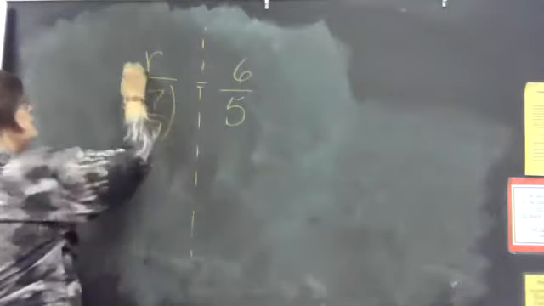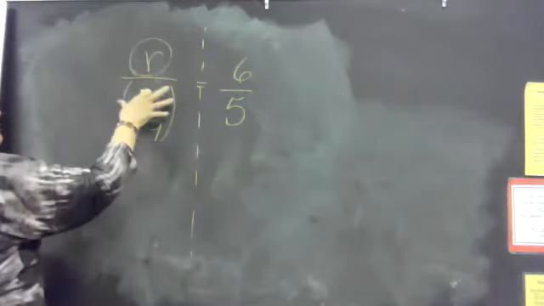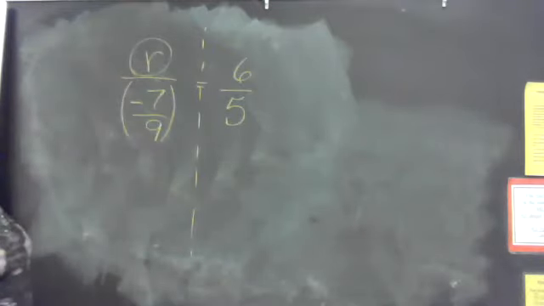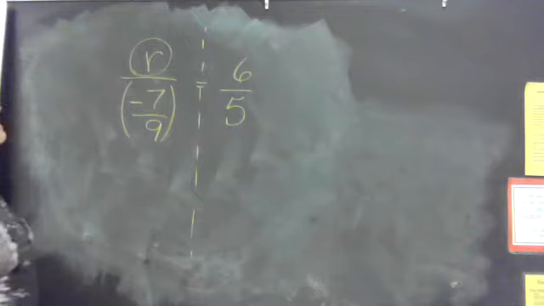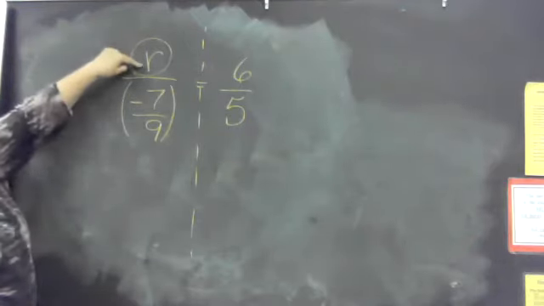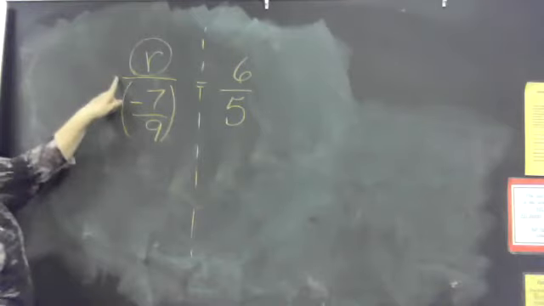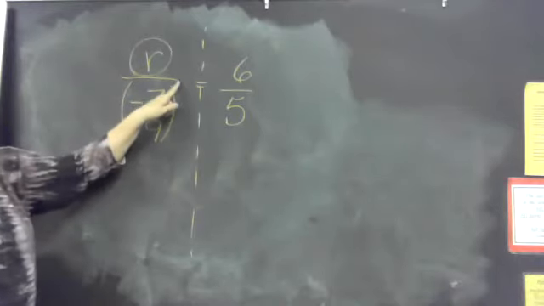Line down through the equal sign, circle your variable, which means we're going to focus on this side of the equation. Now we need to look and see, in order to get this by itself, we need to get rid of this right here, which looks very scary. But we remember that this line means divide.